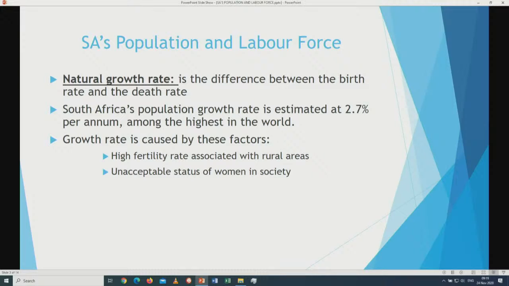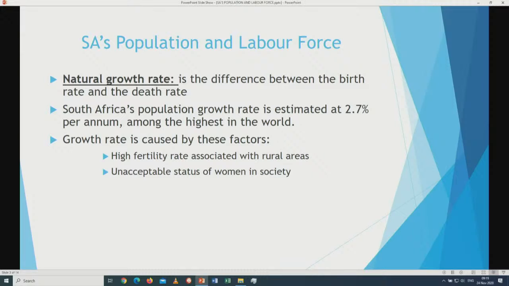The other factor that causes population growth is the unacceptable status of women in society. There are certain cultures in the country that have not accepted women as equal partners.